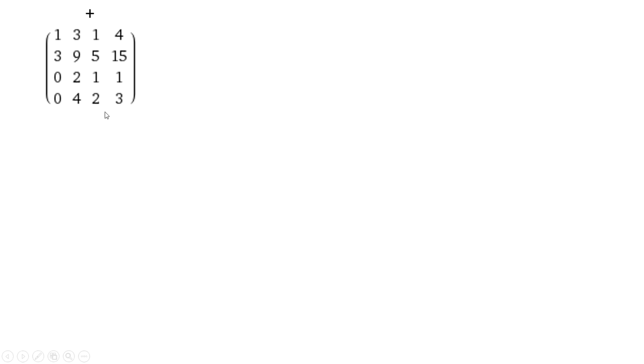So this is not in the form that we want, so we have to think about how to do that. And the first thing that stands out is this bottom one here, where we've got this 4 and the 2. So what we can do is we can say that row 4 becomes row 4 minus 2 row 3. So we've got 0 minus 2 times 0, which doesn't change anything. 4 minus 2 times 2. When you do that, you get the 0 there as desired.